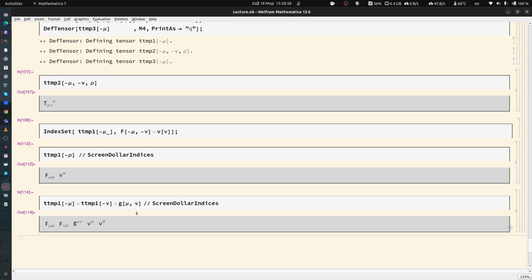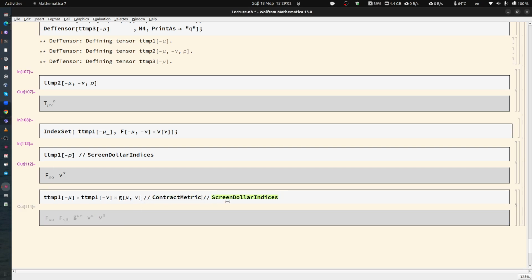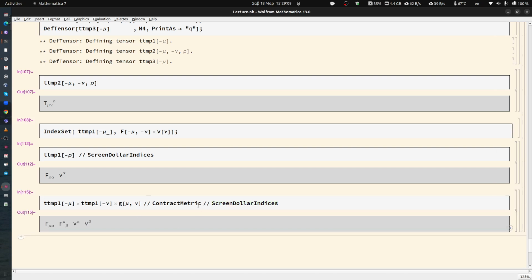We can simplify this expression by contracting the metric with the function contract metric. We have seen this function in the previous video, and all the contractions with the metric are performed, and we obtain this final expression here.